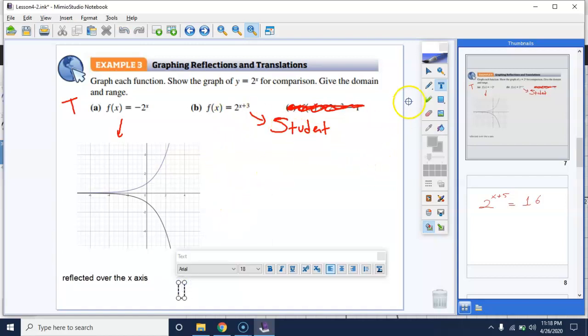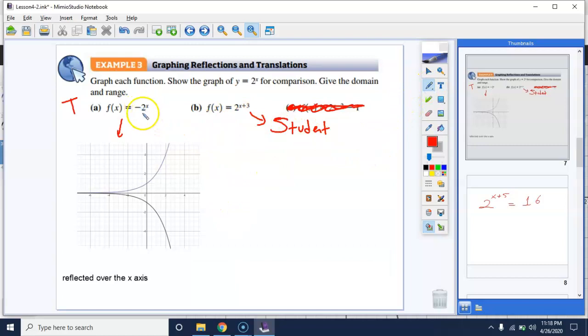And lastly, it says give domain and range. So that's my function, negative 2 to the x power, which is, let me color it, this one, right? Domain should be what? It's going to touch those negative numbers and those positive numbers, so it's all real numbers again. But for the range this time, this graph has been going down.